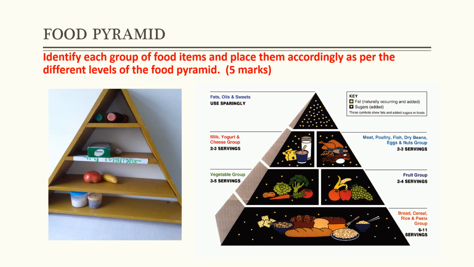Then in the third one you will have the fruits and vegetables, and in the last one bread, cereals, pasta, rice, all those kinds. Again, be careful, there will be a stipulated 3-minute time within which you have to organize this.